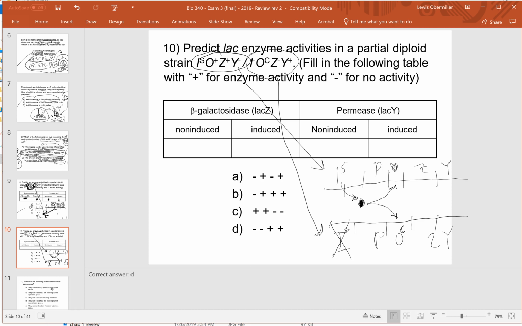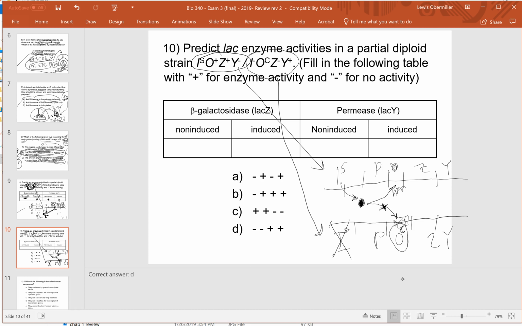But remember, this has a mutation in it. So let's say that this normally would recognize AAA, and this got mutated to ATT. Then it couldn't bind here. So it doesn't matter if it's made or not. It cannot bind to this constitutive operator in the promoter region.